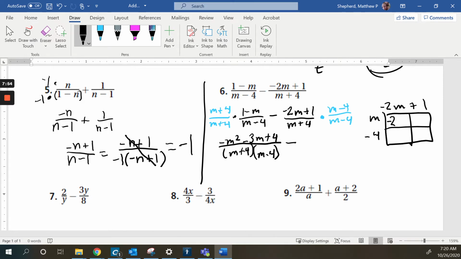So negative 2m squared, m, 8m, and negative 4. So negative 2m squared plus 9m minus 4.